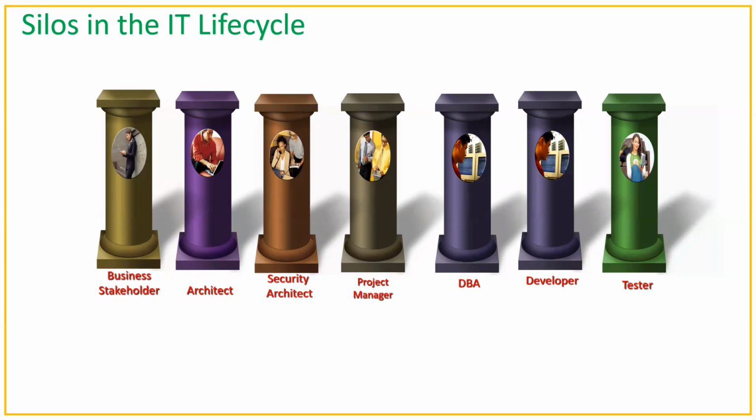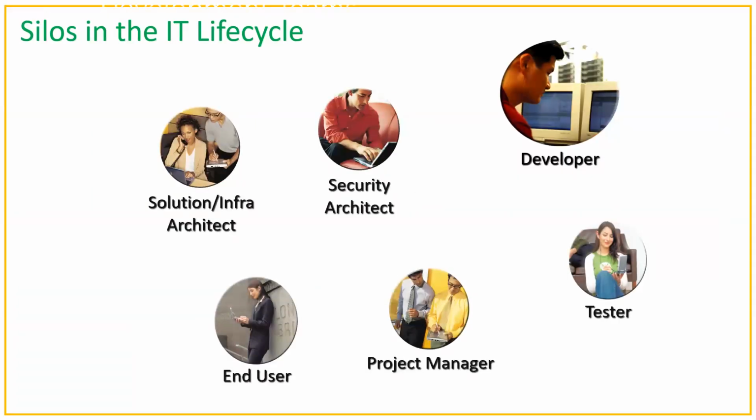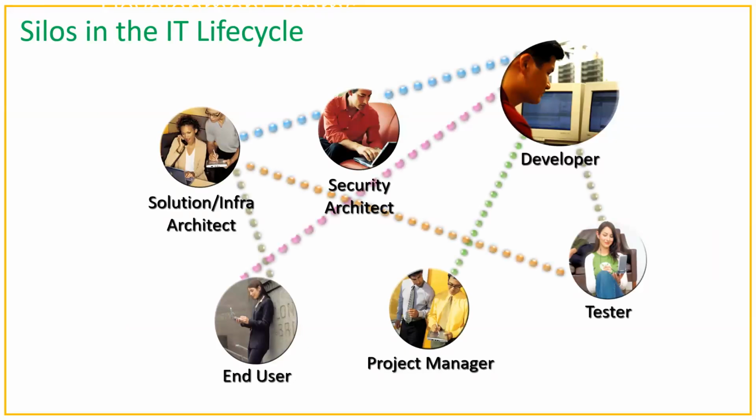Here you can see the different roles: business stakeholder, architect, security architect, project manager, DBA, developer, tester, and actually more. There are many other departments or groups within the IT section. A developer or programmer, security architect, solution or infrastructure architect, end user, project manager and tester definitely communicate with each other.